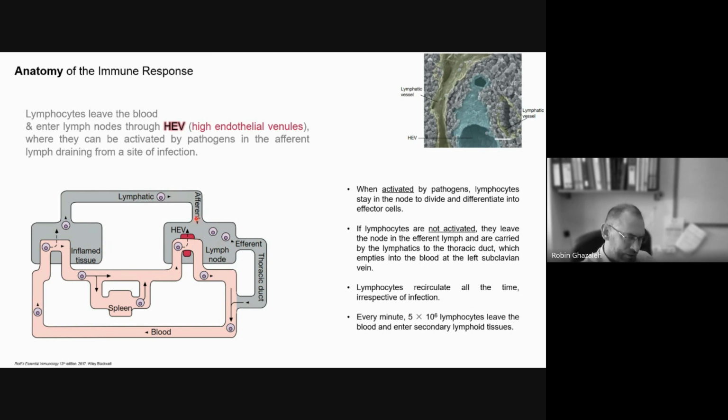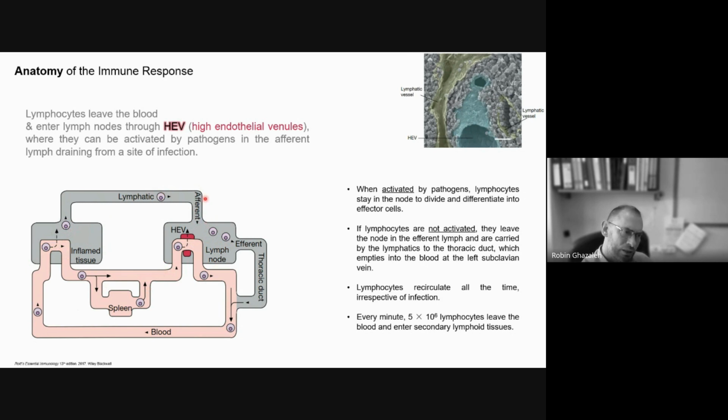Of course, the dendritic cells initially were in the blood, and they reach inflamed tissue, and many of them then become tissue resident. So initially, of course, all of the leukocytes, myeloid or lymphoid, circulate in the blood, but some of them enter the tissues and are waiting for infection, and then they travel via the lymphatic to the lymph node, whereas the lymphocytes travel directly to the lymph node and enter the lymph node via these high endothelial venules.